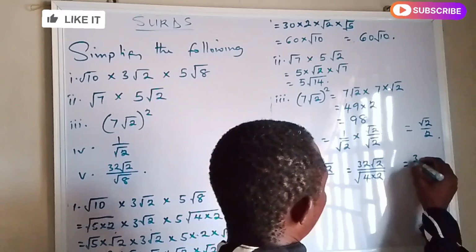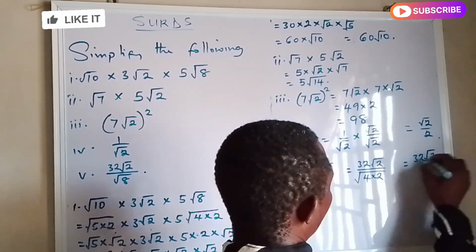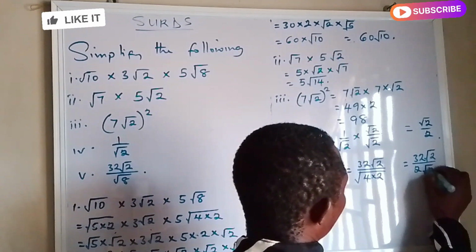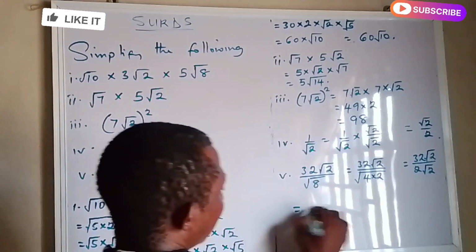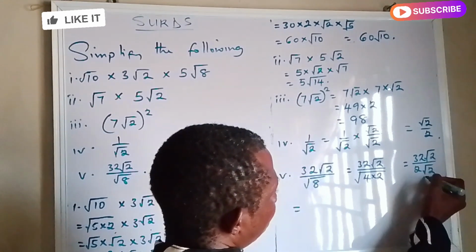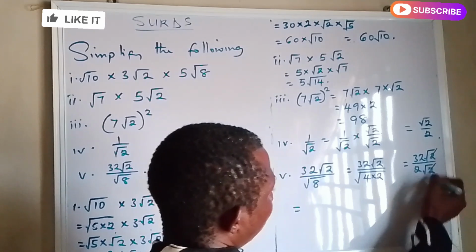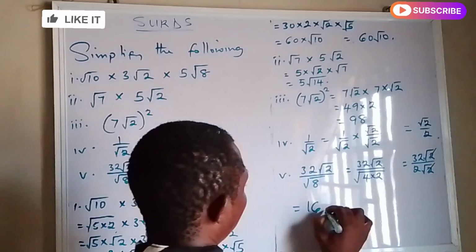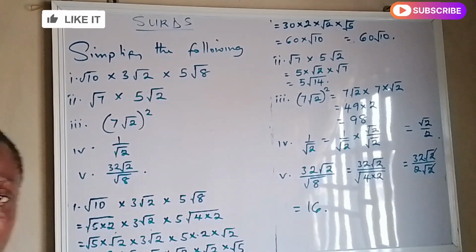And that is 32 square root of 2 over 2 square root of 2, since square root of 4 is 2. Okay, so the answer now will be this will cancel this. So this cancels this. And 2 goes in 32. That's going to be 16. So that is the answer to the question.